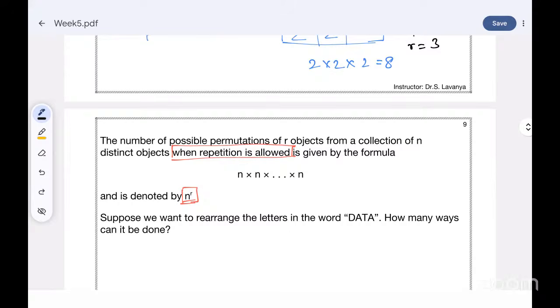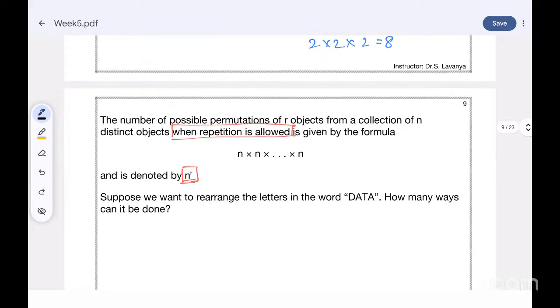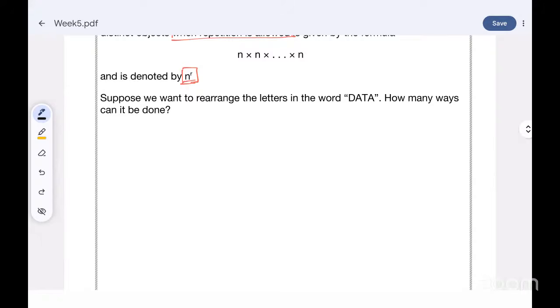Okay, now the question is going to be slightly difficult. Suppose we want to rearrange the letters in the word DATA. What is special about this word? The A occurs 2 times. So some repetition is already there.